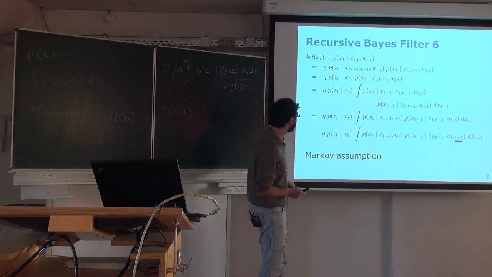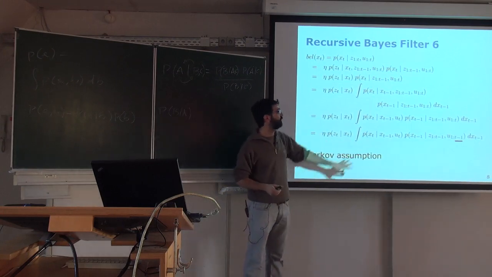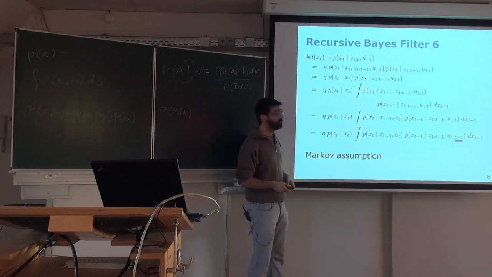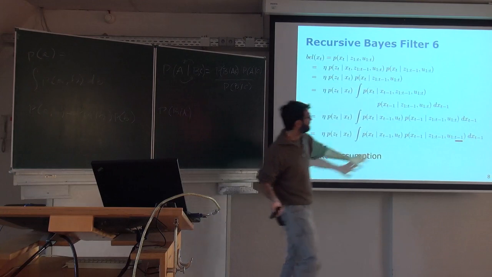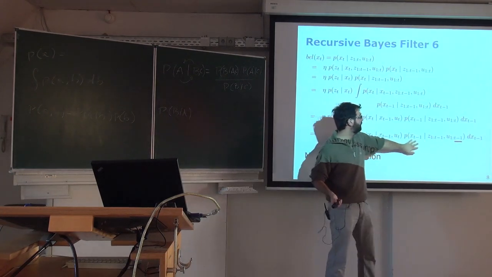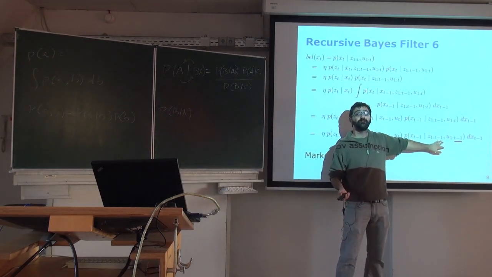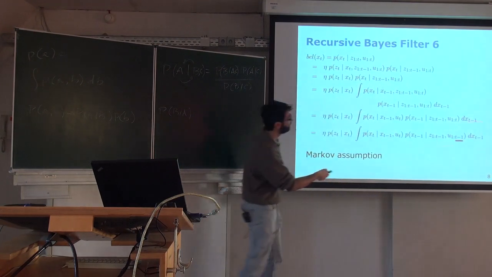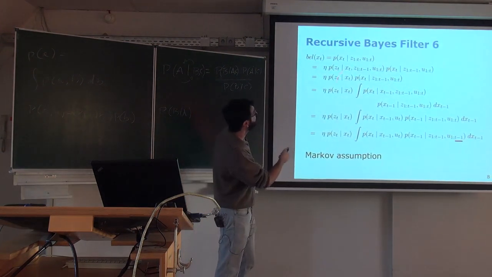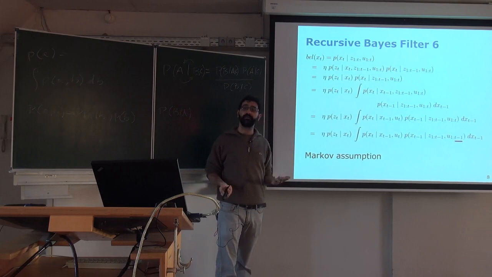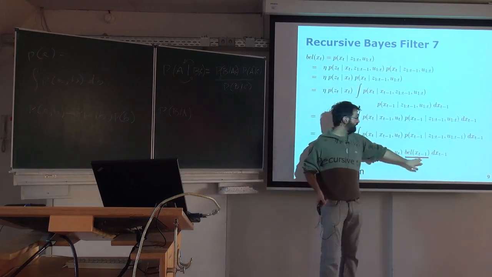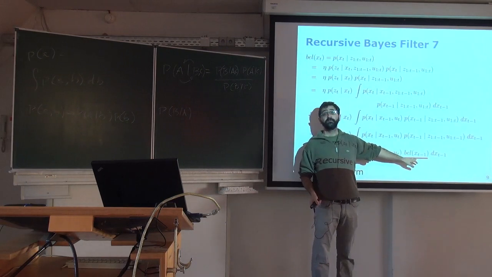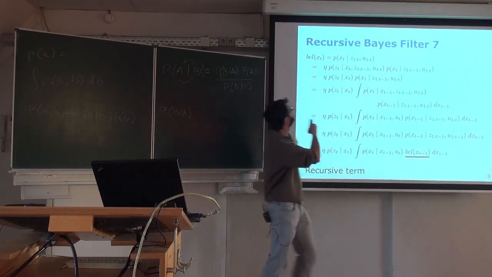Okay? And when we have all these things put together, you can see already that there is something here that reminds you of what we're actually trying to do. If you look at this here and you look at this here, they look quite similar. And in fact, what happened is that we just have the same belief definition that we had up here.